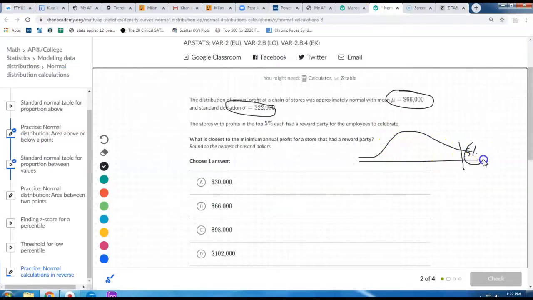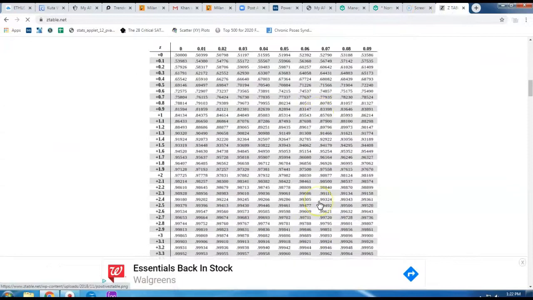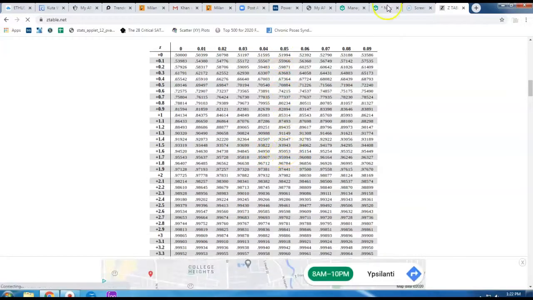So to find this z-score, I can't look up what is 5% bigger than. I have to look up where there is 95% of the area below, and that's going to be the same spot. So I'm going to try to find 0.95 inside this table as close as I can. I see right here 0.9495 and 0.9505, so 0.95 is basically right here. So I've got 1.65 as my z-score.